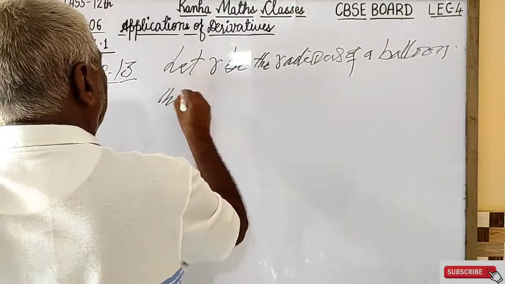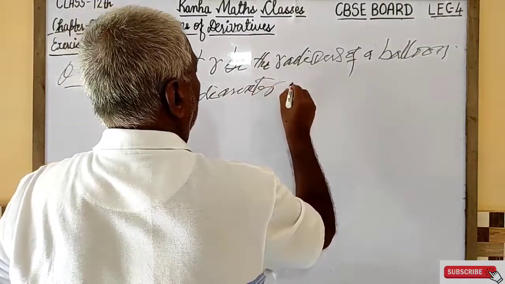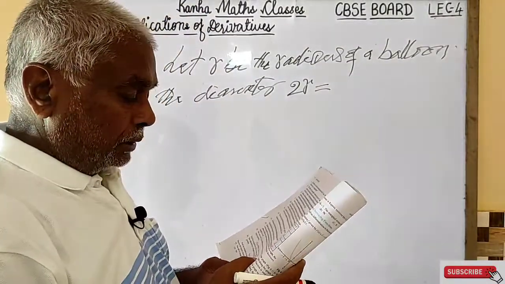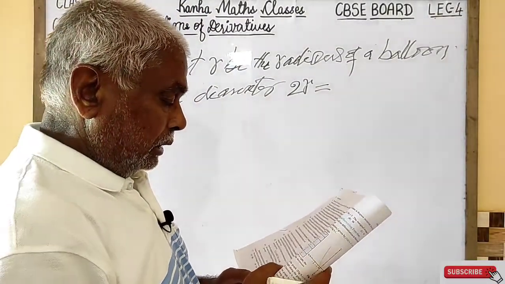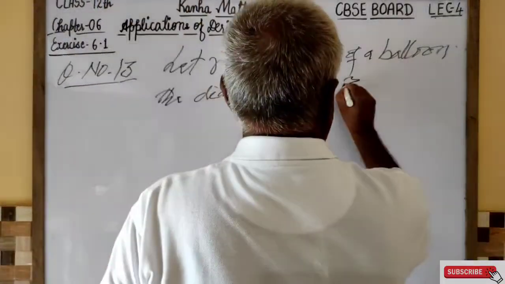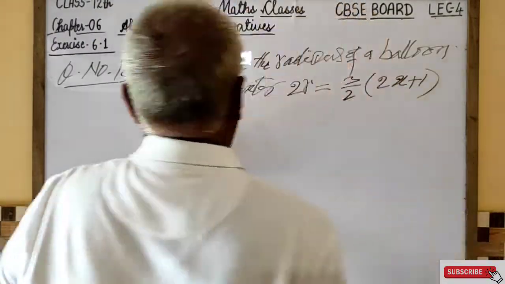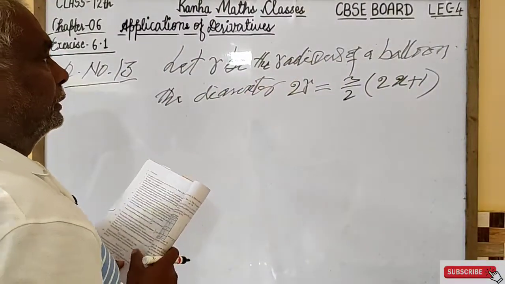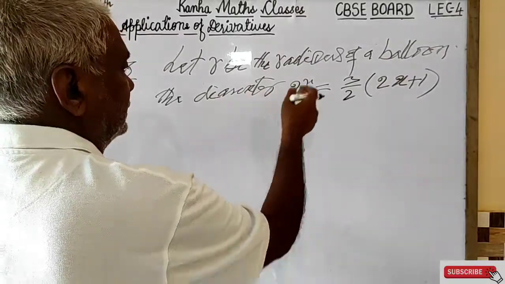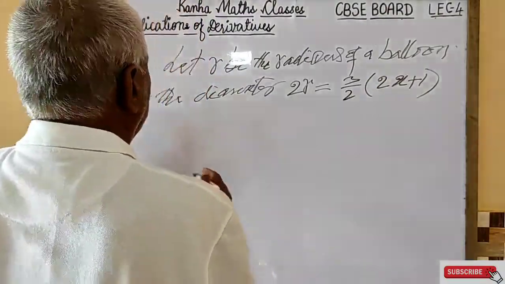The diameter will be 2r. The diameter of the balloon, that is 2r, depends upon the variable 3 by 2 (2x plus 1).